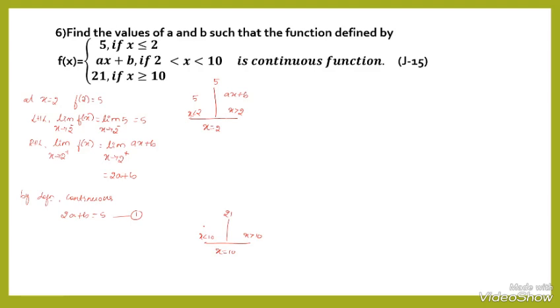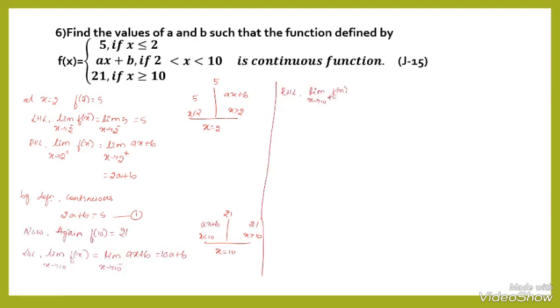Again, the right hand limit x tends to 10 plus f of x. What is the f of x here? The function f of x is 21. Then the value becomes 21.